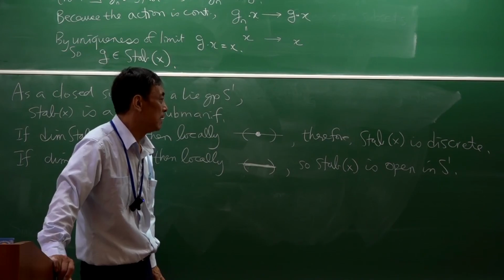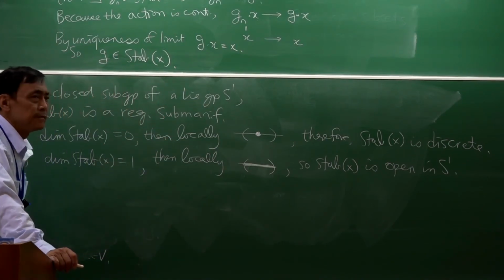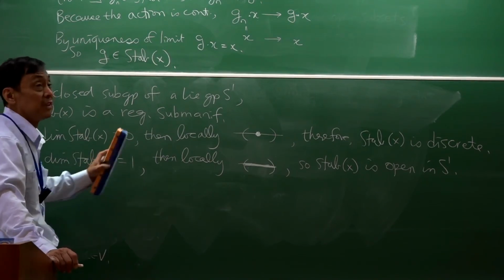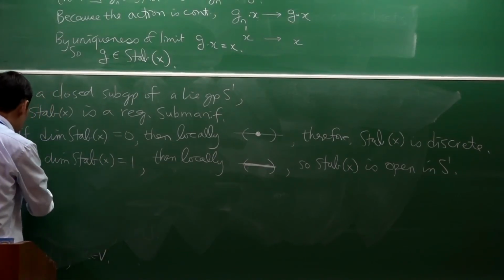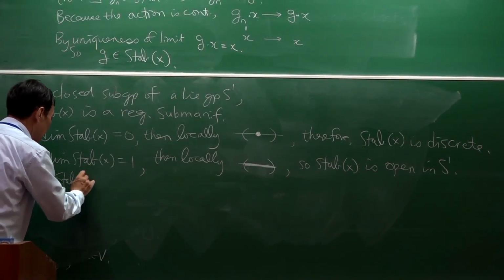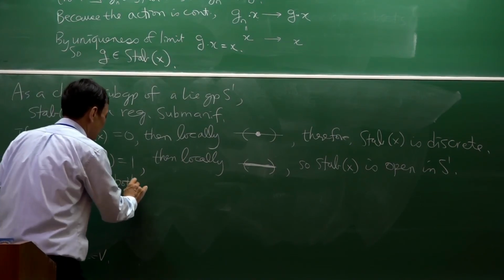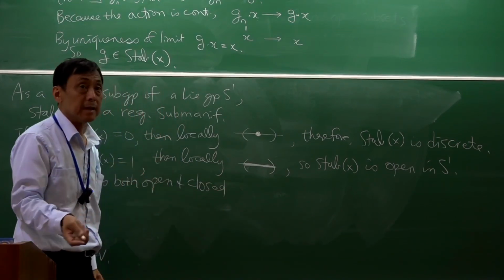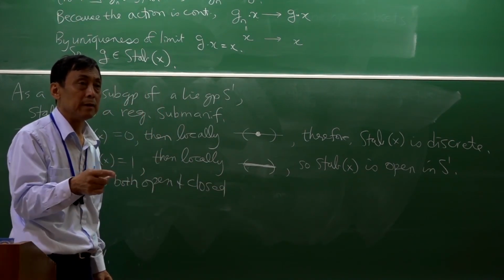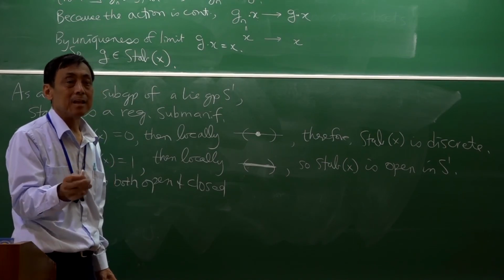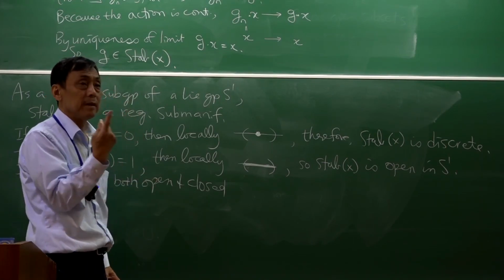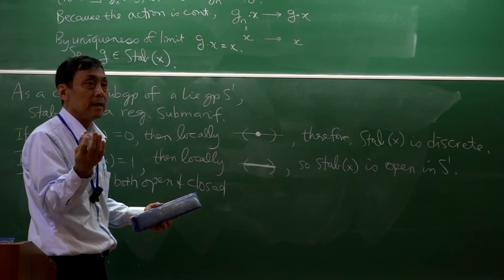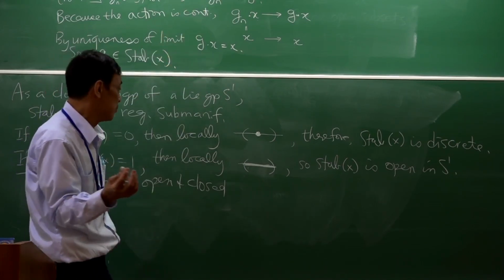Now, how do you get a contradiction from this? The stabilizer is both open and closed. But S1 is connected, so that means it has to be S1 or the empty set. It can't be the empty set because it always contains the identity. But if it's the whole thing, that contradicts the fact that it's proper.